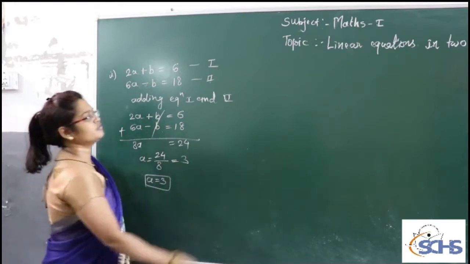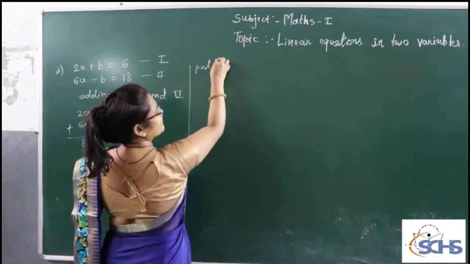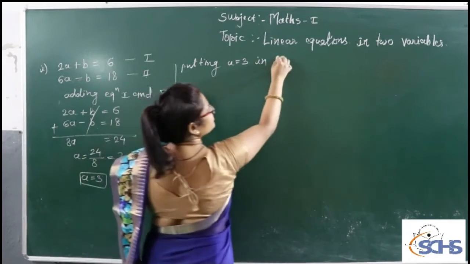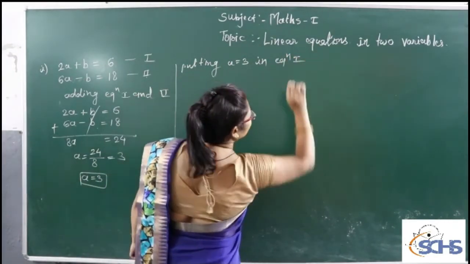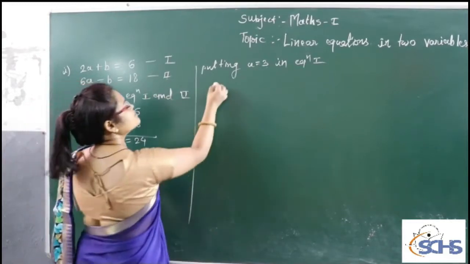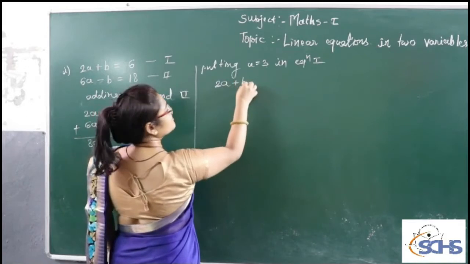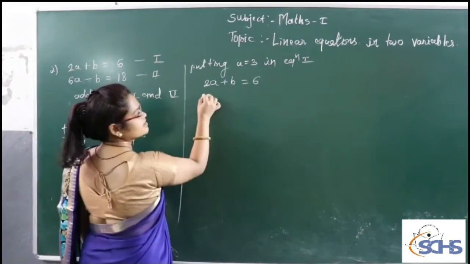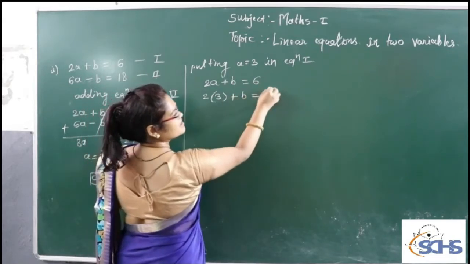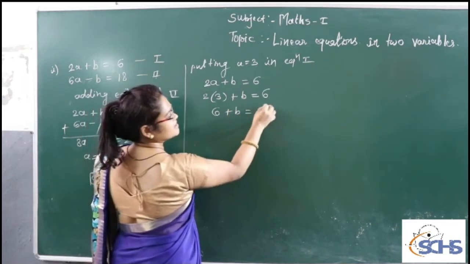Now we have to find out the value of b. So putting a equals 3 in equation number 1. It is not necessary that you have to put it only in equation number 1, you can put it in equation number 2 also. So putting a equals 3 in equation number 1, 2a plus b equals 6. So 2 into 3 plus b equals 6. 2 threes are 6 plus b equals 6.